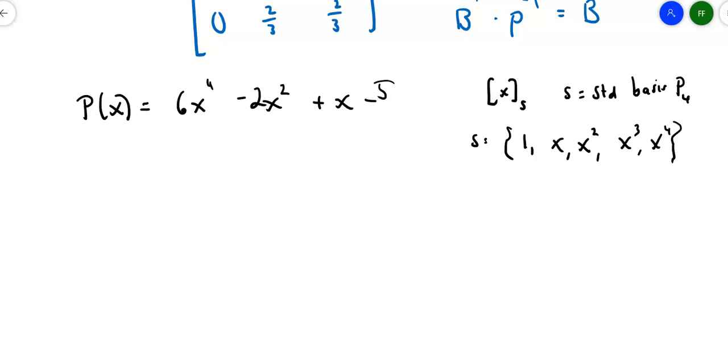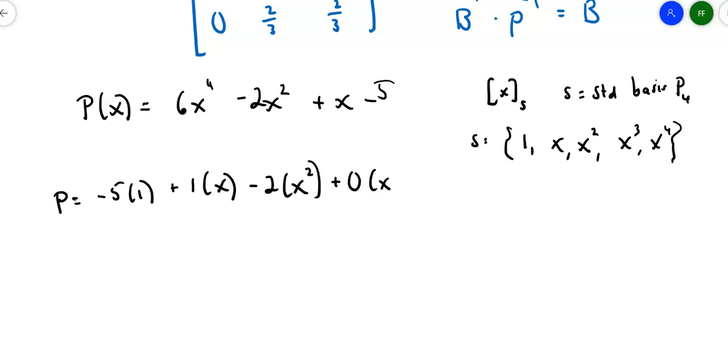So I can rewrite that polynomial as -5 times 1 plus 1 times x minus 2 times x squared. But you notice there's no x to the 3rd term, so I'm going to have to put a 0 times x to the 3rd and then plus 6 times x to the 4th.